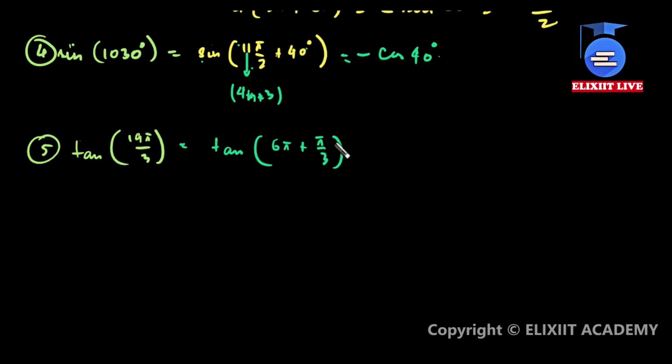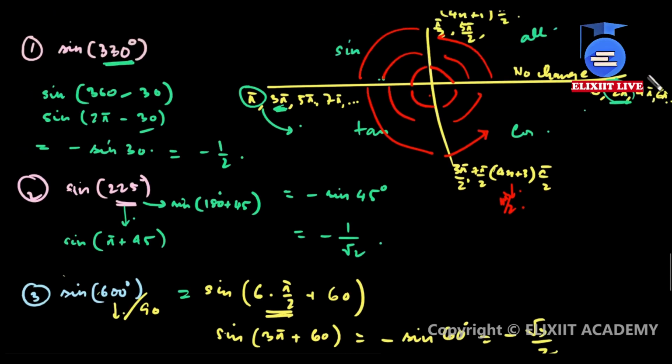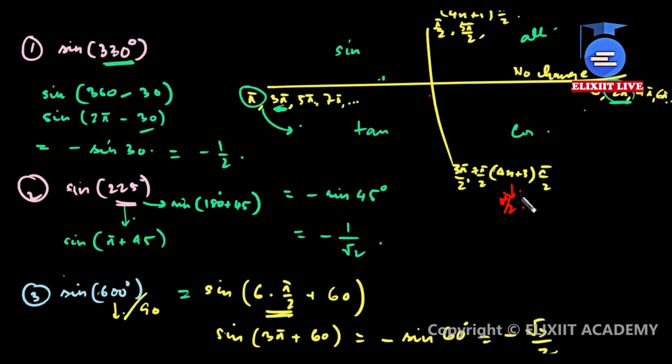So 6 pi means we have even multiples of pi over here. This was easy to visualize in this manner itself. Easy angle. 19 pi by 3 is given, 6 pi plus pi by 3. 6 pi plus theta means in the first quadrant, and in the first quadrant everything is positive.